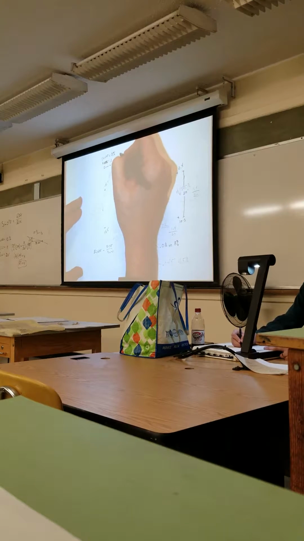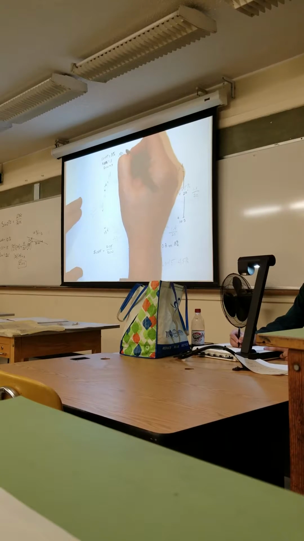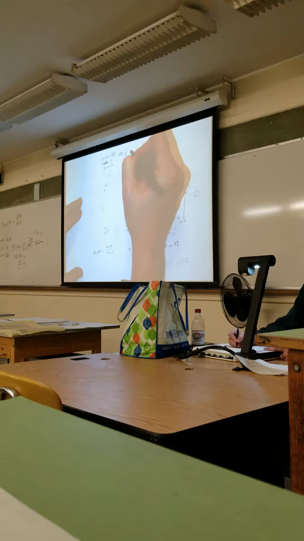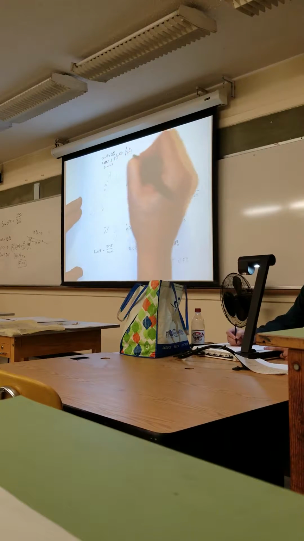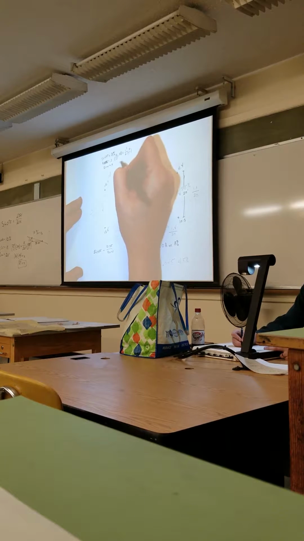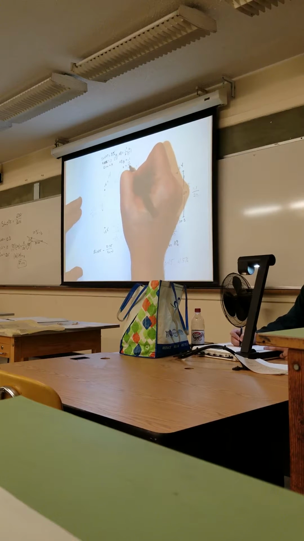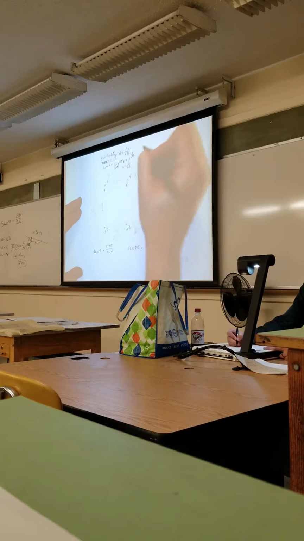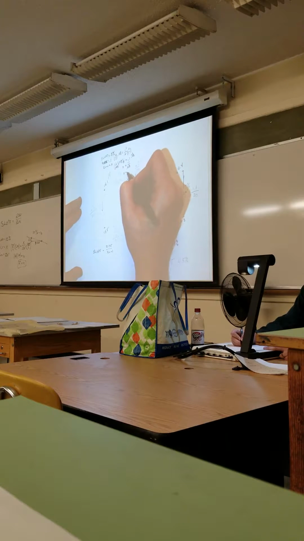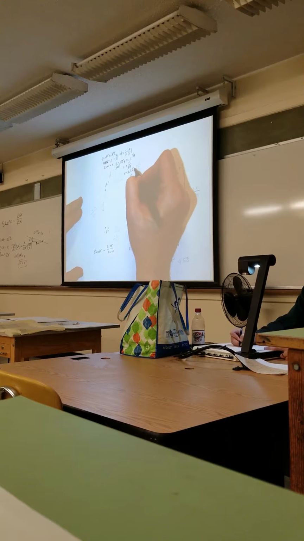So 0.08 is equal to 0.1 divided by x. You multiply by x on both sides, and x is equal to 0.1 divided by 0.08, which is 1.25 feet.